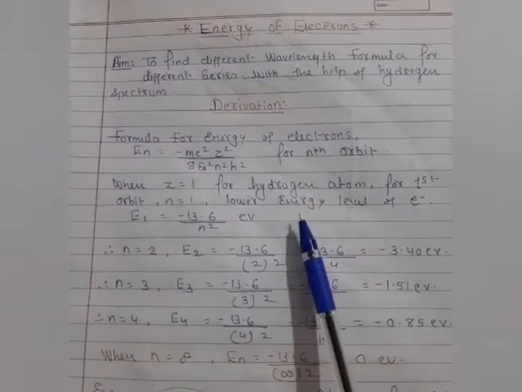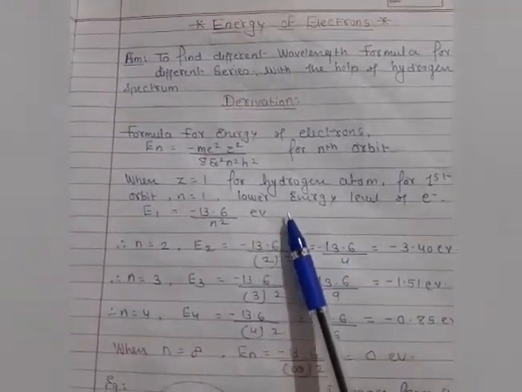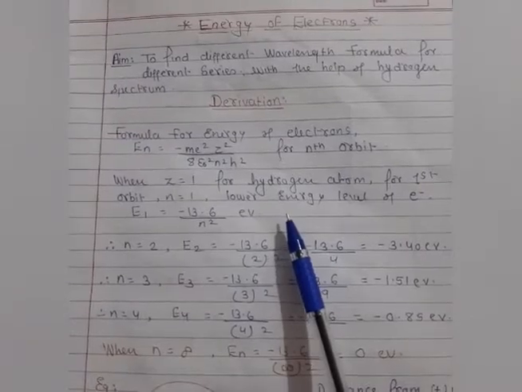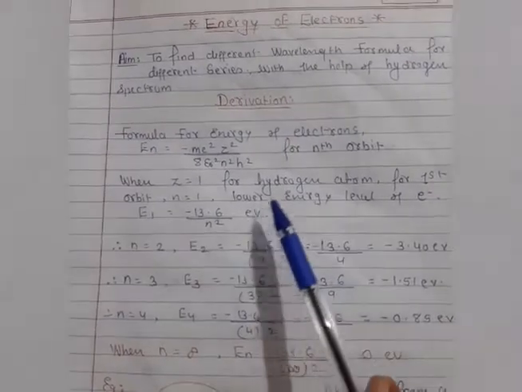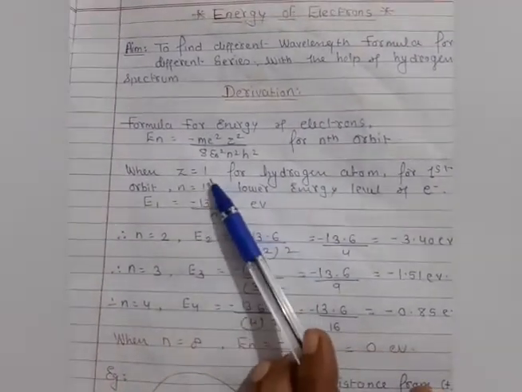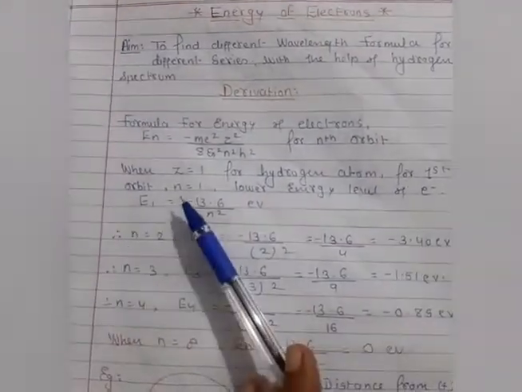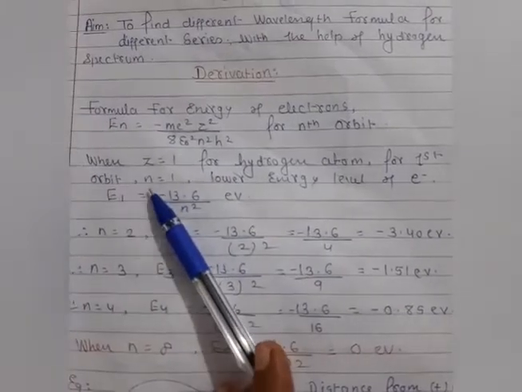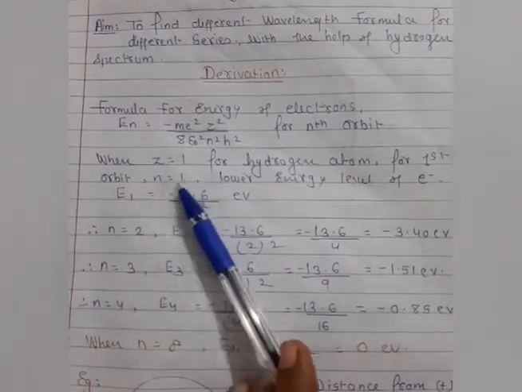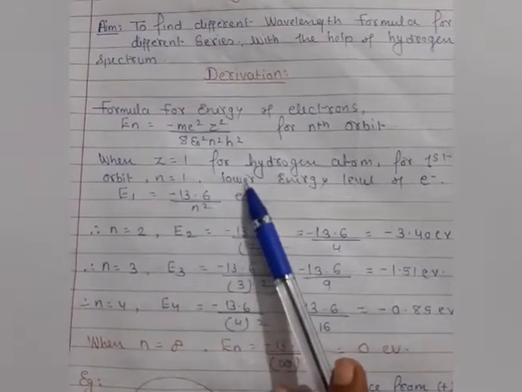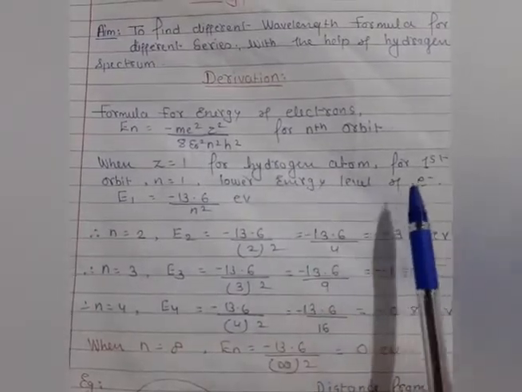I hope you are clear on this concept, and if you are not, you just go and follow the previous video. So here Z is 1, and for the first orbit the value of n is 1, and when we talk about 1, it means we are talking about the lower energy level of electrons.